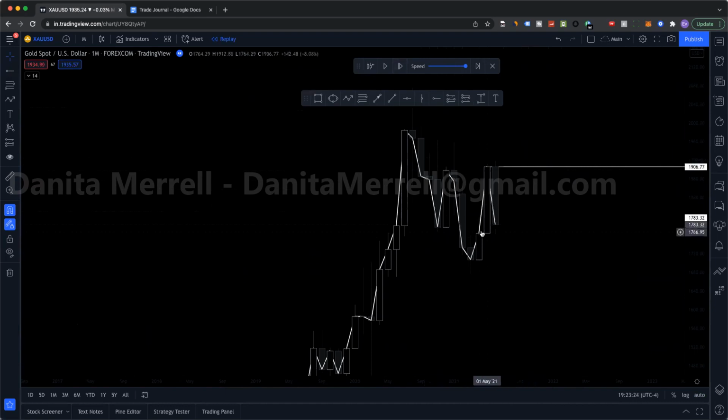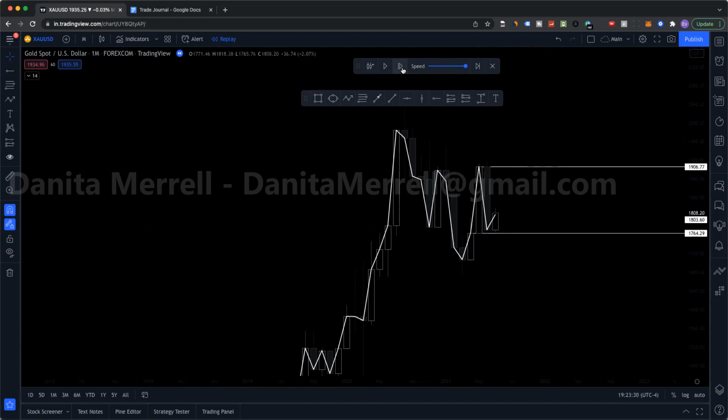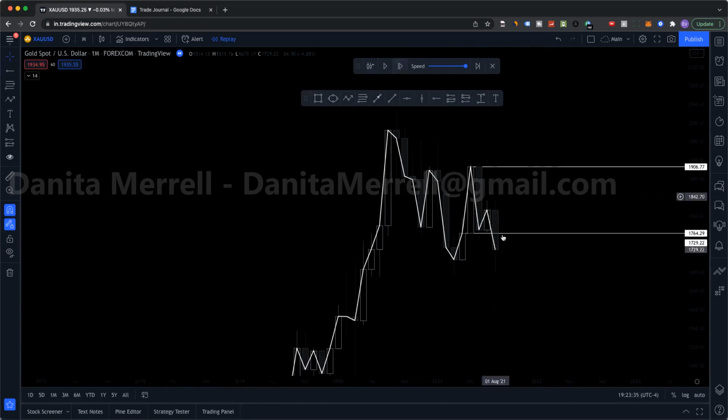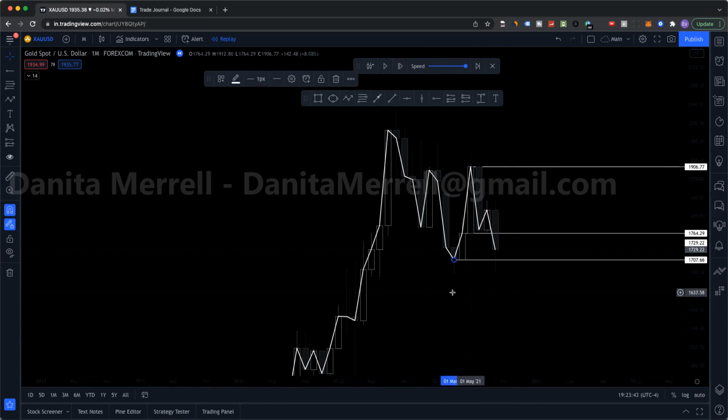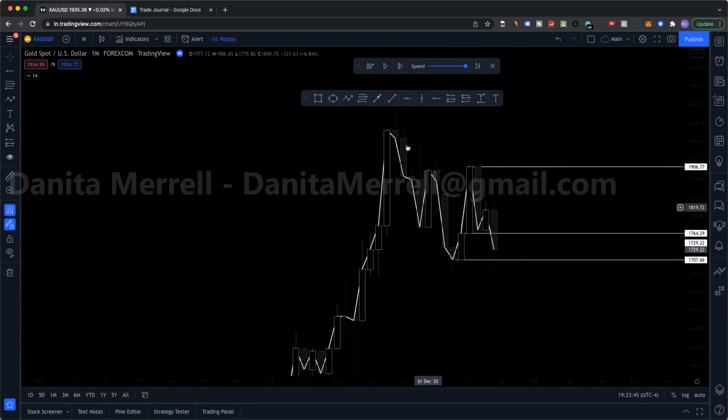to find monthly support. Monthly support, because it could not get up to this, and this is now strong resistance. Here's our monthly support, our new monthly support coming from this support.